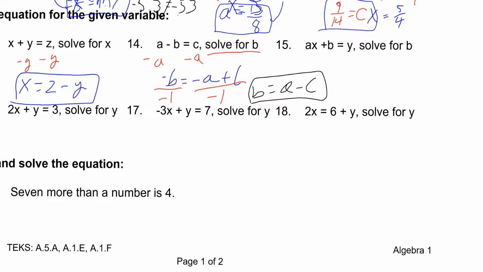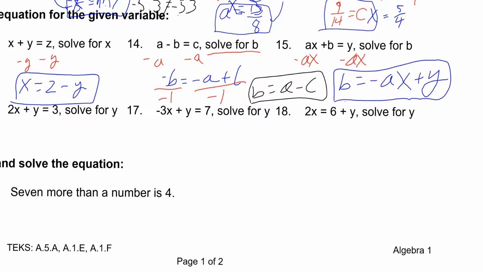We're going to minus ax and minus ax, and that's going to leave us with b equals negative ax plus y. Alright? And there's that. So b equals negative ax plus y. And it's that simple. All I did was pick up that whole term, subtract it from both sides, and that's perfectly fine. Okay? Next question.